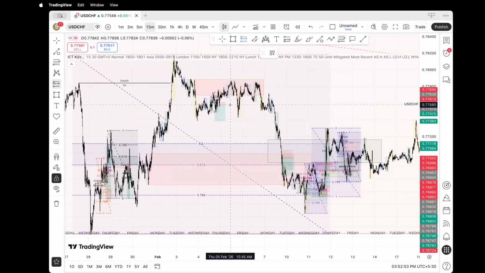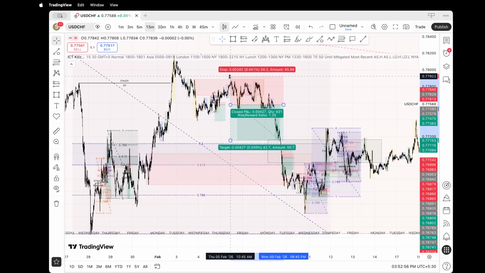But then also, let's see, for 0.01 lot, the SL would have been 3.4 USD.